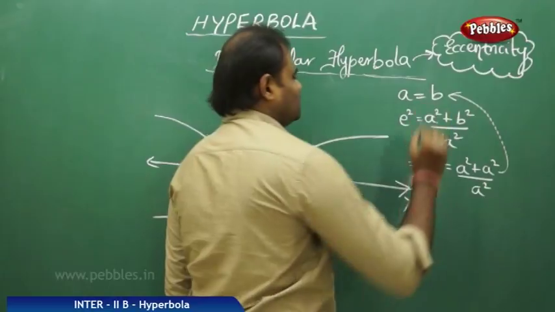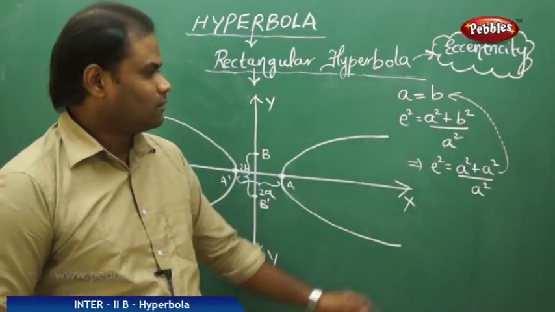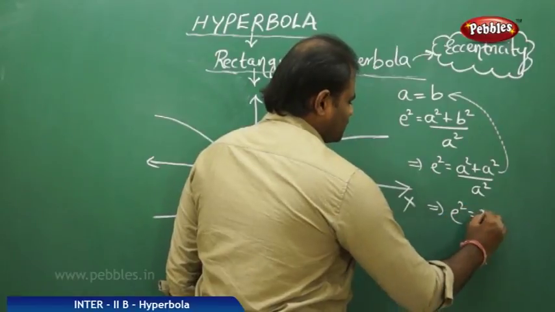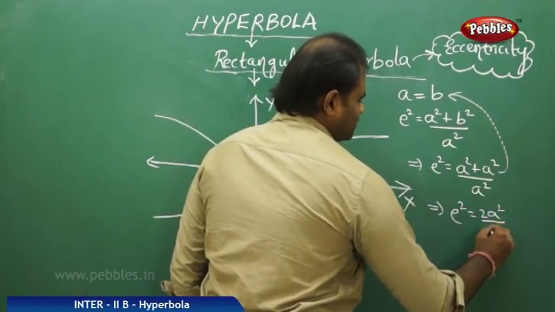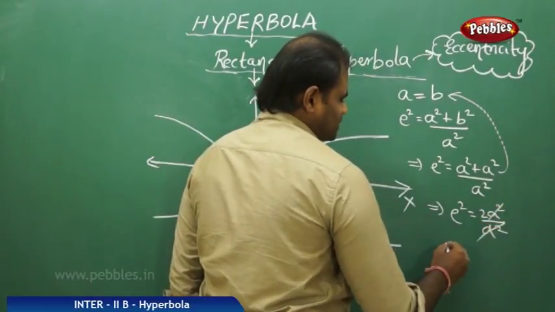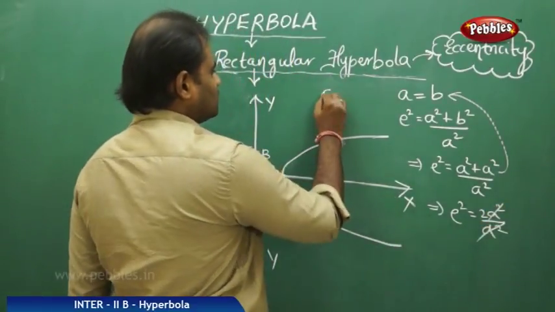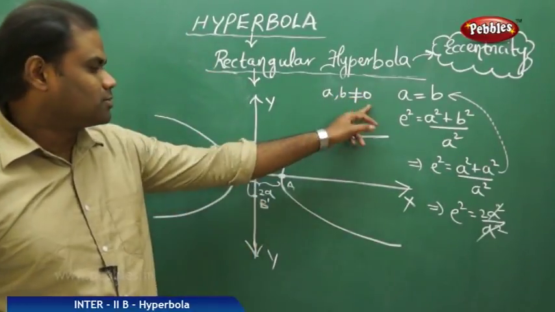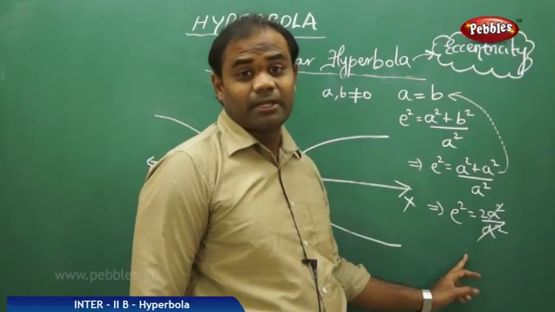On further simplification this gives e squared equals 2A squared by A squared, and this gets cancelled because A is not equal to 0. Both A and B are not equal to 0.